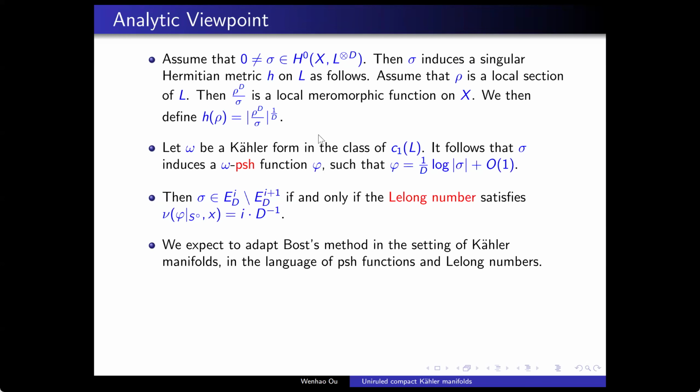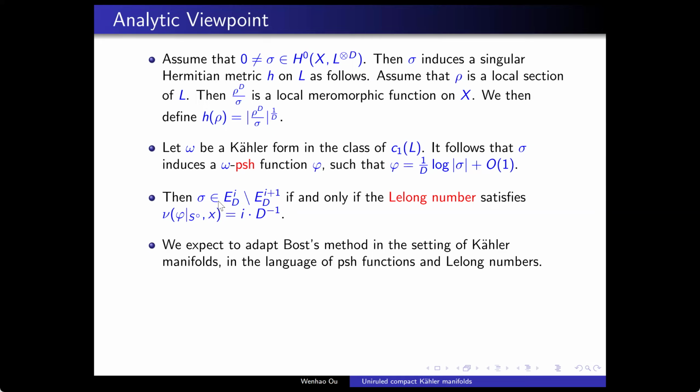And if you write down explicitly with this construction, we can see that phi can be written in this shape: phi is equal to 1 over d log of the absolute value of sigma plus O(1), something bounded. So with this interpretation, we no longer need this ample line bundle. We just need some Kähler form omega, and global sections are replaced by omega-PSH functions.